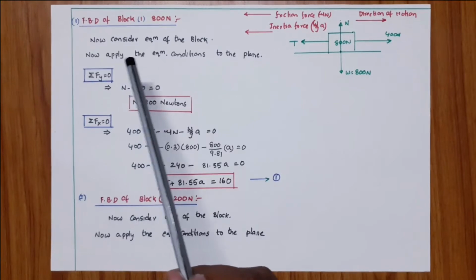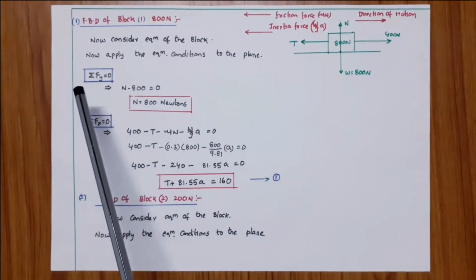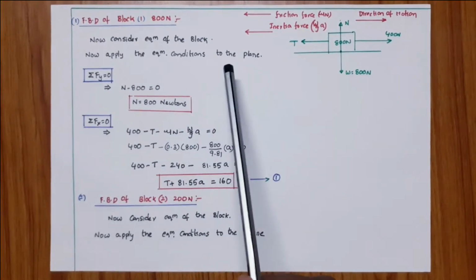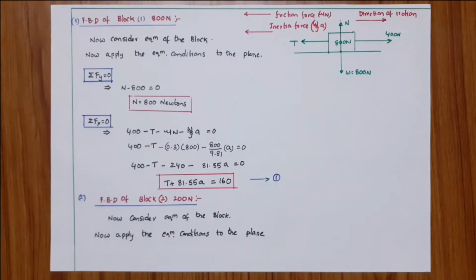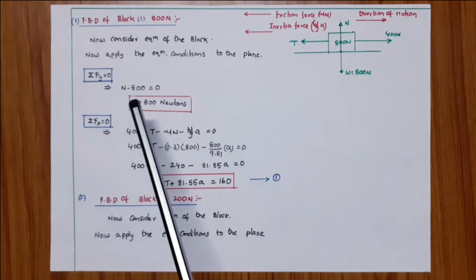Now consider equilibrium of the block. Apply the equilibrium conditions. What are the equilibrium conditions? The sum of the forces in horizontal direction is 0, that is sigma Fx equal to 0, and the sum of the forces in vertical direction is 0, that is sigma Fy equal to 0. First, sigma Fy equal to 0.